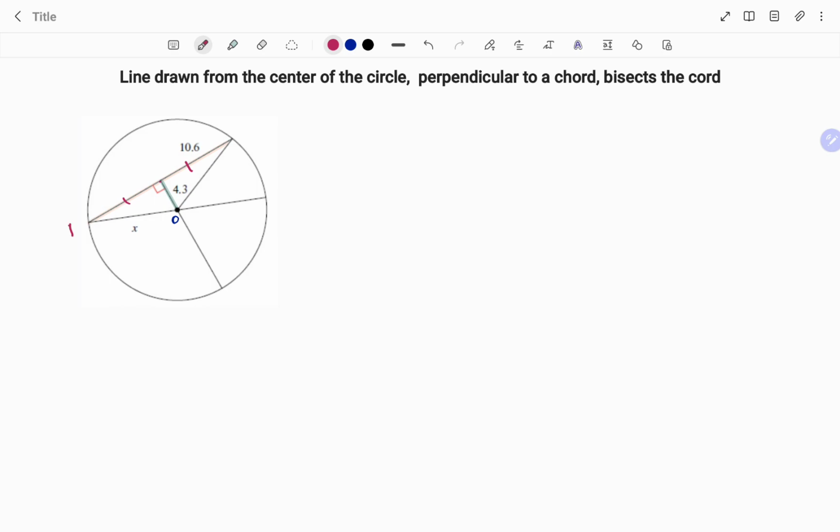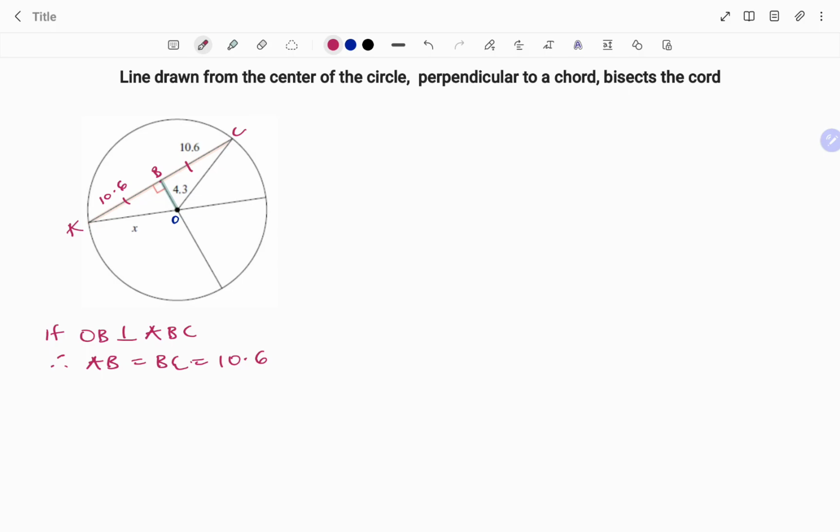If I tag this A, B, and C, the rule states that if OB is perpendicular to line ABC, therefore line AB is equal to line BC. We've been given line BC to be 10.6, so line AB will be 10.6.